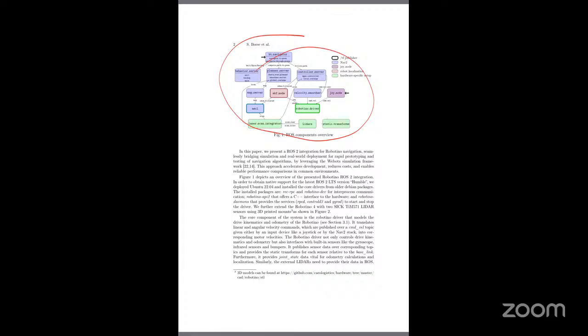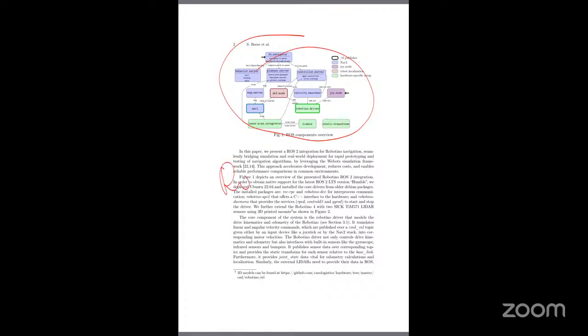Initially, the operating system used in Robotino was Ubuntu 18.04, then Ubuntu 20.04. So they have upgraded from Ubuntu 20.04 to 22.04, because ROS2 LTS, that means ROS2 long-time support Humble, will work very smoothly in Ubuntu 22.04.